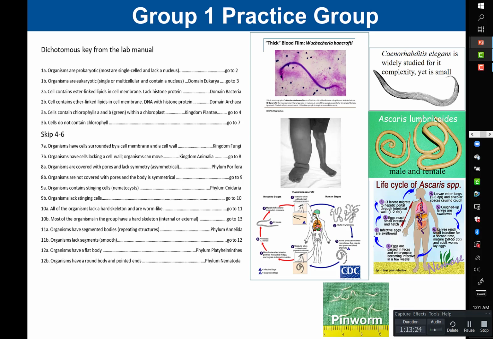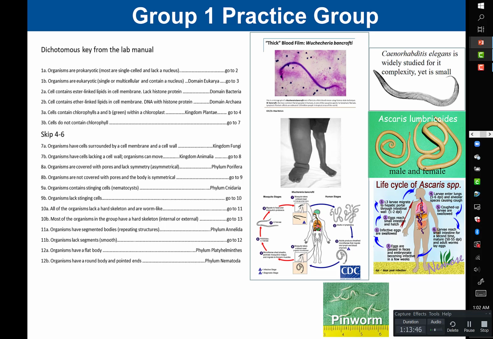So it's often transmitted by children, so in a daycare facility or an orphanage or something along those lines. Not always, but most common. And pinworm is the most common worm infection in the US. Not in the world. Ascaris is the one in the world. Pinworm is in the US.